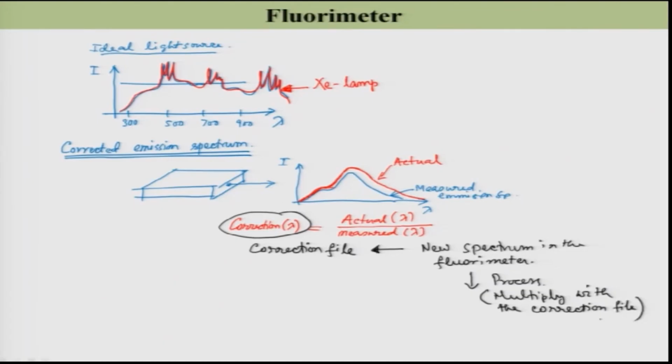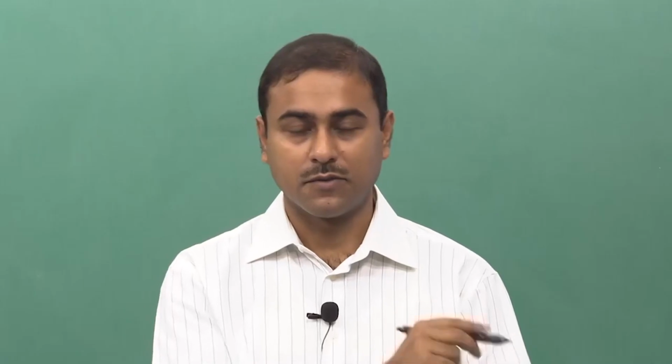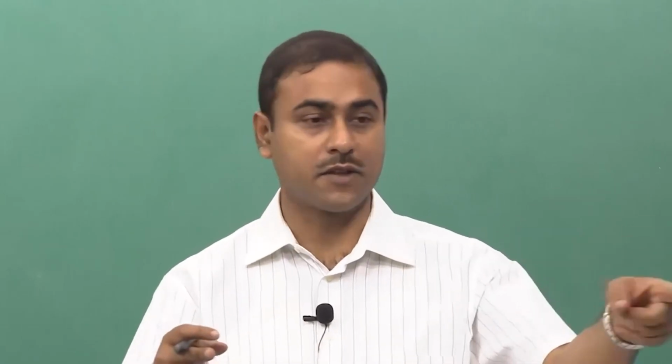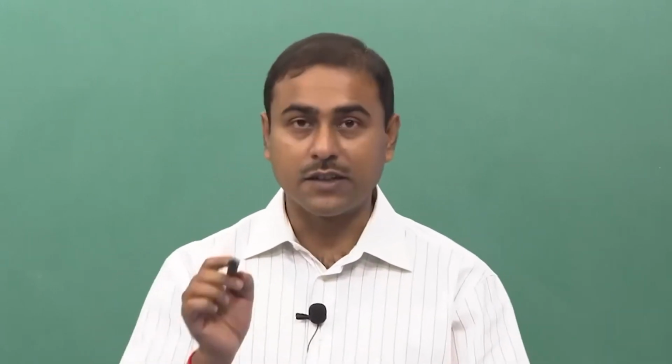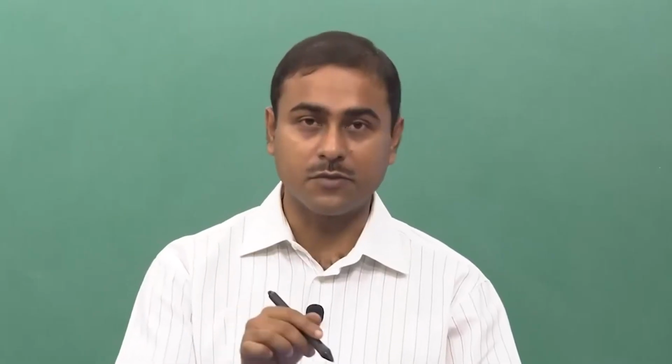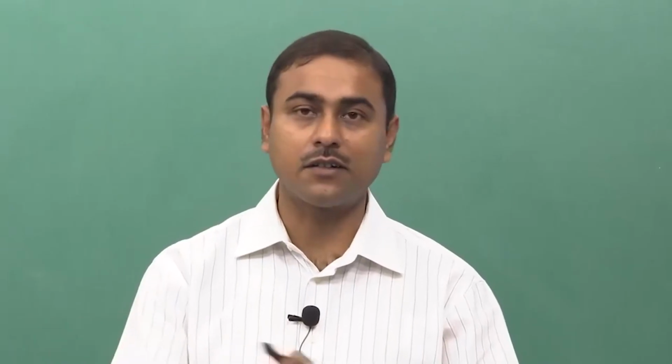Note that this correction file is specific for your instrument. For my instrument, the correction file is different than your instrument, for his instrument, for her instrument, because the detector and the monochromator used to develop this instrument are unique. So, the two detectors are not identical.